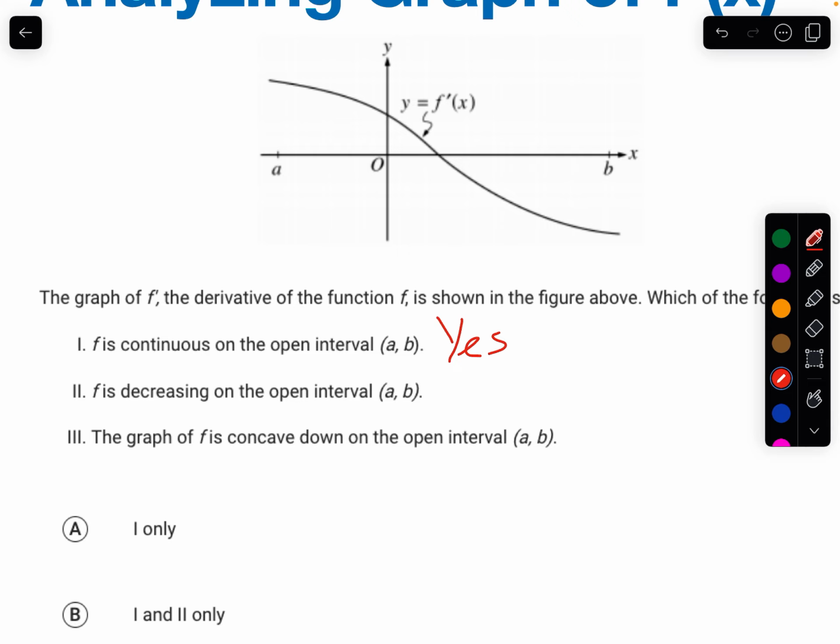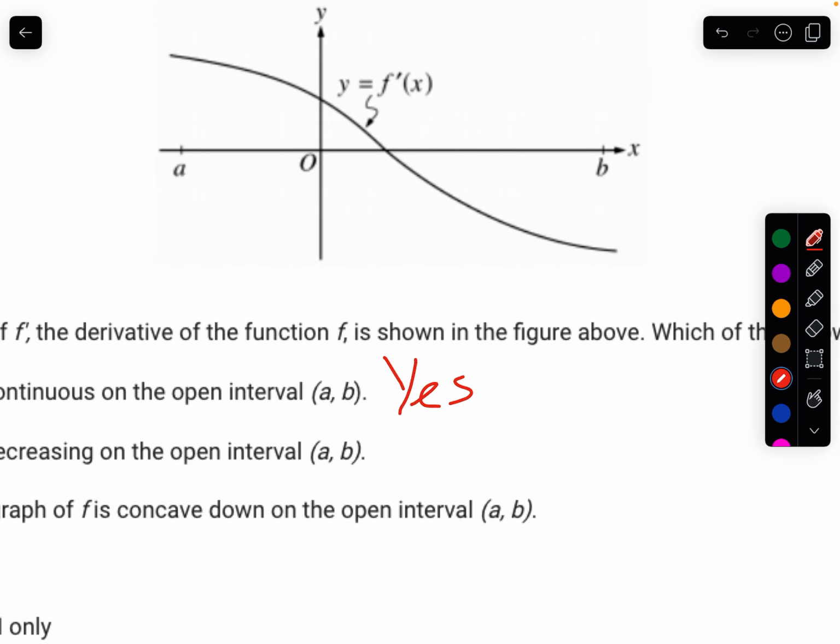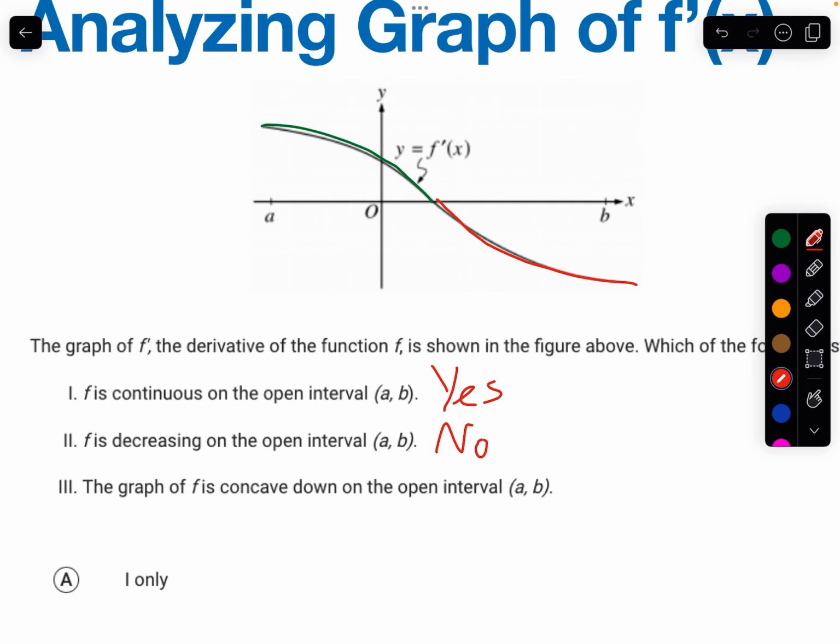Statement 2, f is decreasing on the open interval from a to b. F would be decreasing where f prime is negative, and f prime is negative over here, but f prime is positive over here. So statement number 2 is not true. F is decreasing for a little bit, but not the entire interval.